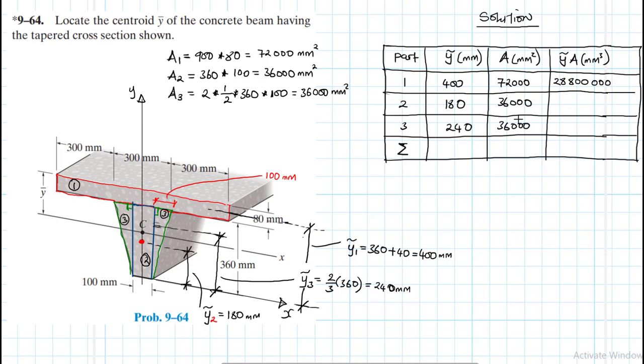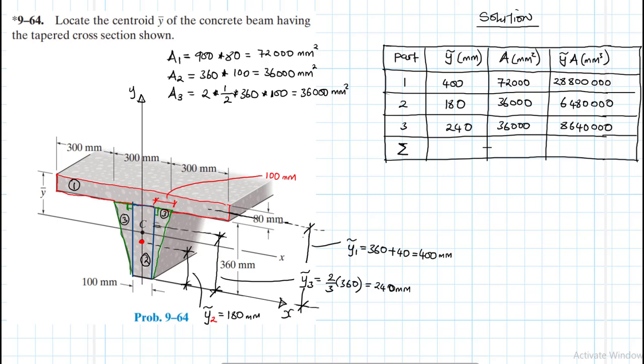180 by 36,000 is 6,480,000. Then we have 240 by 36,000, which is 8,640,000.